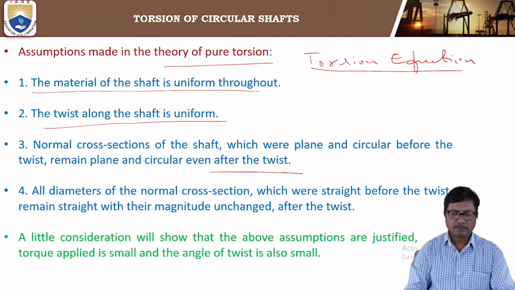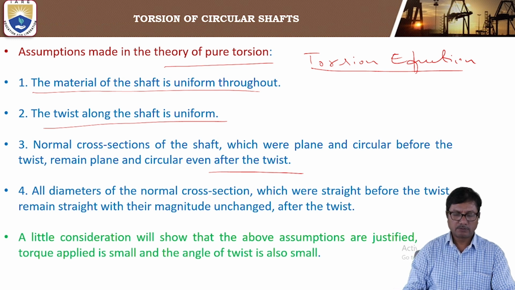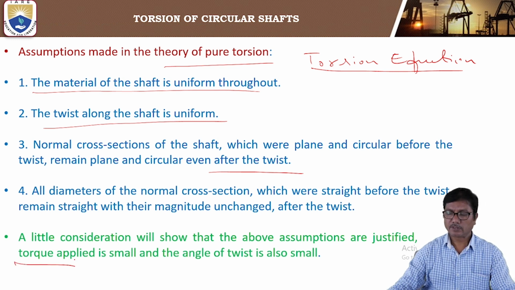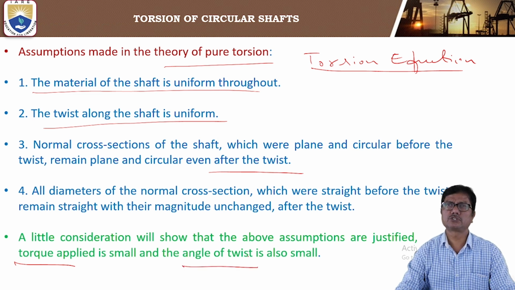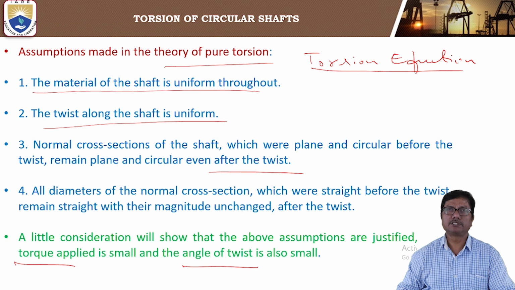This is applicable only when the torque applied is small and the angle of twist is also small and within the limits. When the torsion is within the limits, only then is this equation applicable.